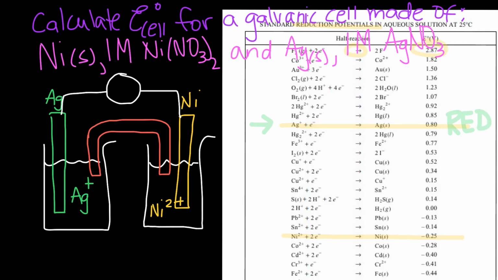So it looks like our silver ion is going to gain the electrons, and that means that the nickel metal will have to give up the electrons. So this will be oxidized. For the oxidation, we're going to have to switch the direction of the reaction and also switch the sign here. So instead of writing down the oxidation potential as negative 0.25, it's going to be positive 0.25.